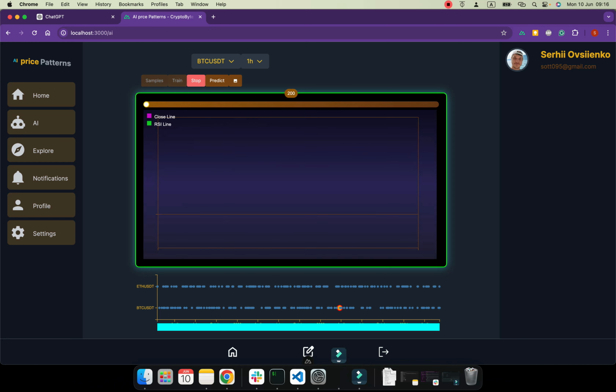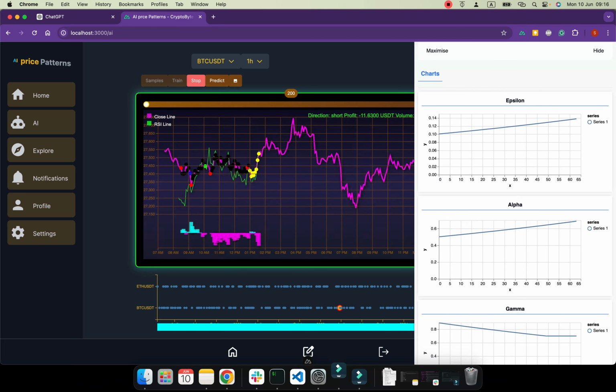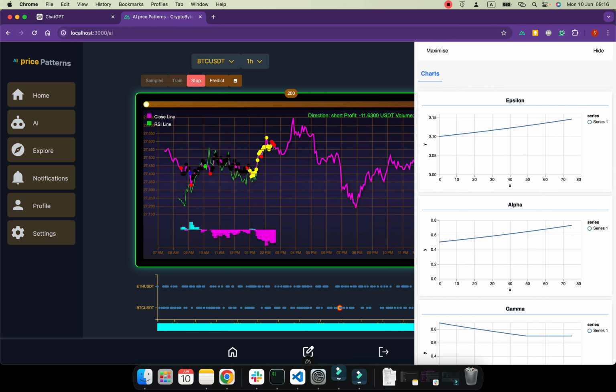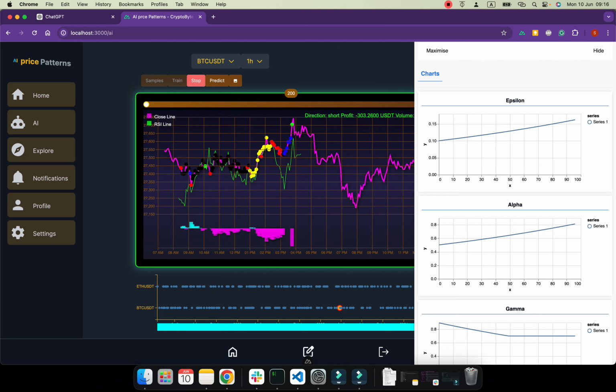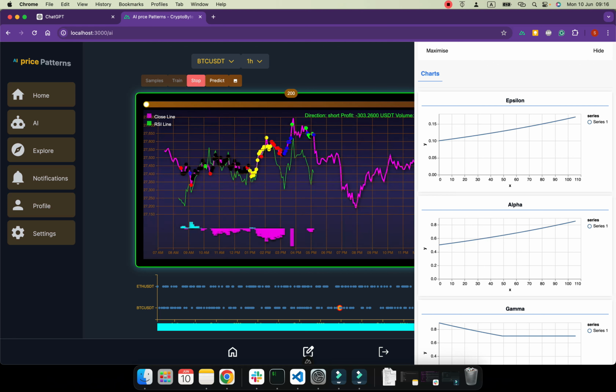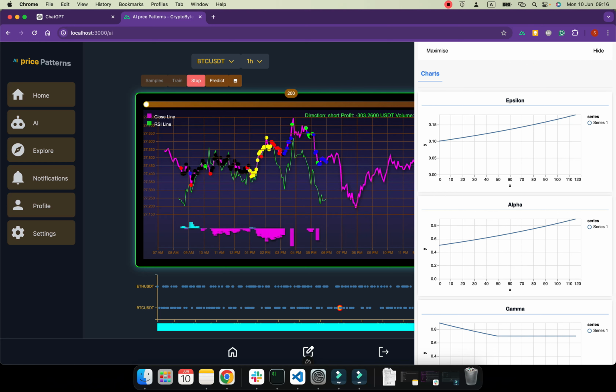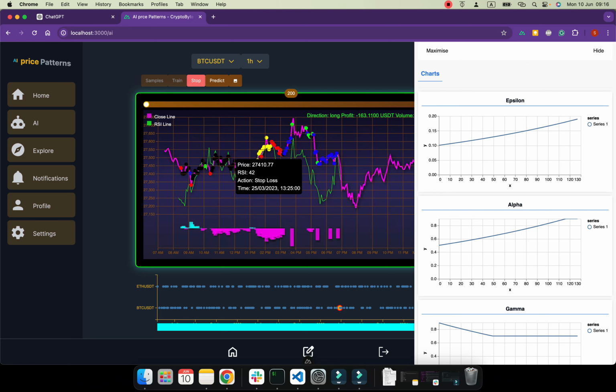Okay, let's look at train. So I guess we upload our memory, what we created yesterday. Okay, let's look at what it is. It is short position. It is some stop loss. So I understand how this agent is working.